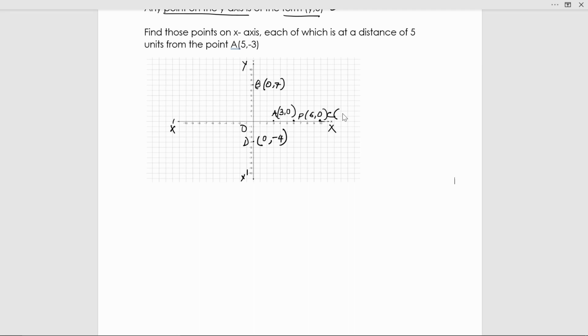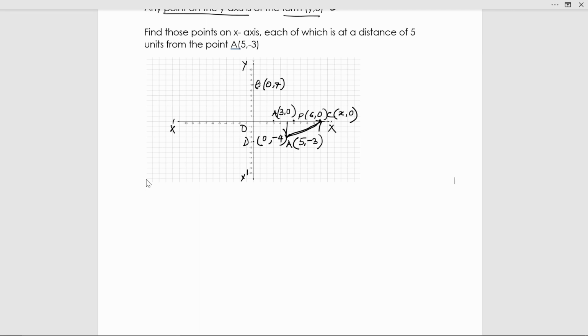So what would be my coordinates? It will be x and y is obviously 0, and there is point A which is basically 5 and minus 3. So this is minus 3 and this is 5. So this is basically point A. We need to find this distance. So A is basically 5 and minus 3, and C is x and 0.